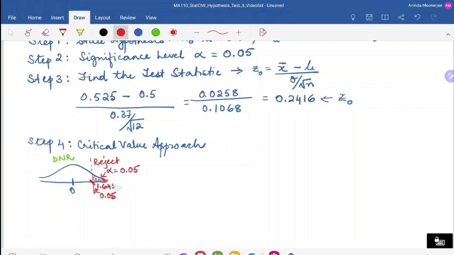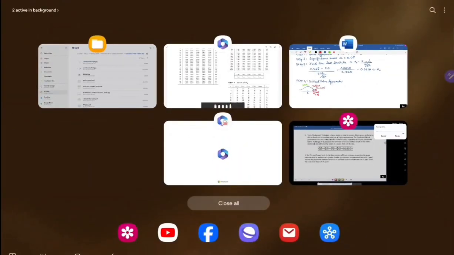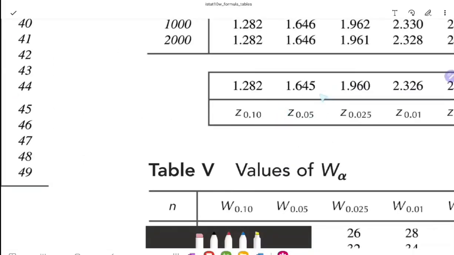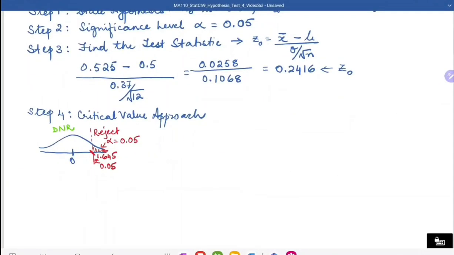I have that memorized by now, but you have to look up your table or use your calculators. Let me look up the table here. The special table for the special alpha values shows that z of 0.05 is 1.645. That's how we get these values. So going back over here, our critical value, the cutoff point, is 1.645.